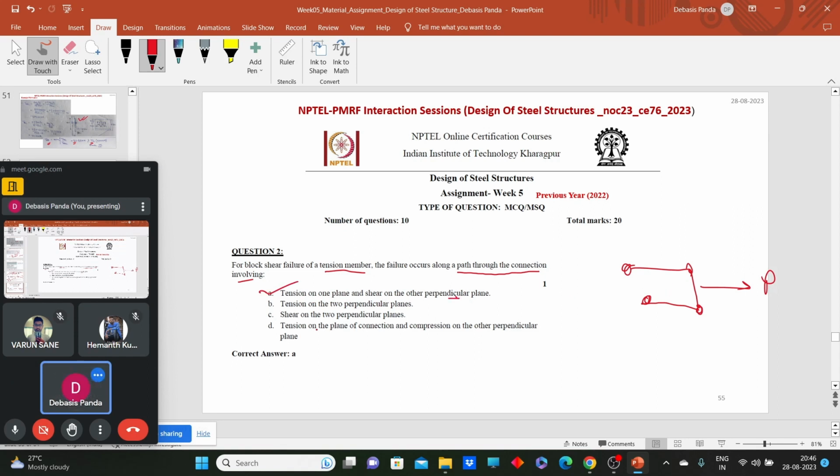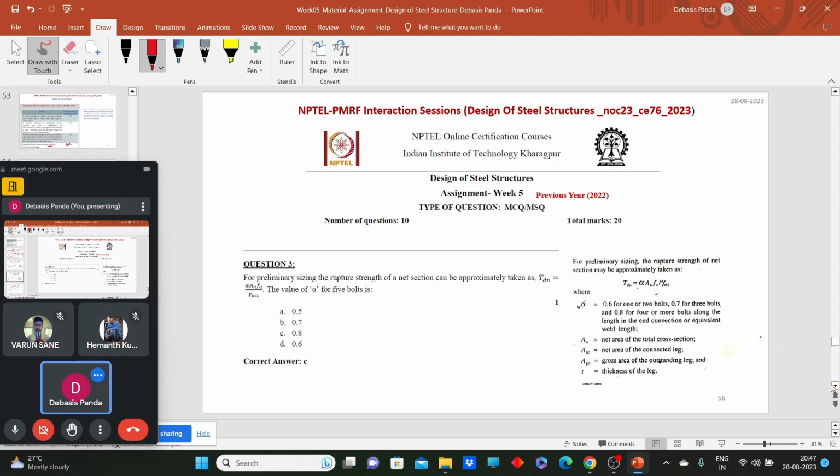The shear plane is the plane parallel to the applied load. So here 1-2 and 3-4 will be the shear planes, and 2-4, the perpendicular plane, will be the tension plane.